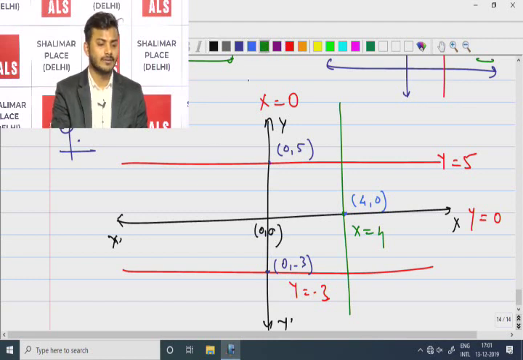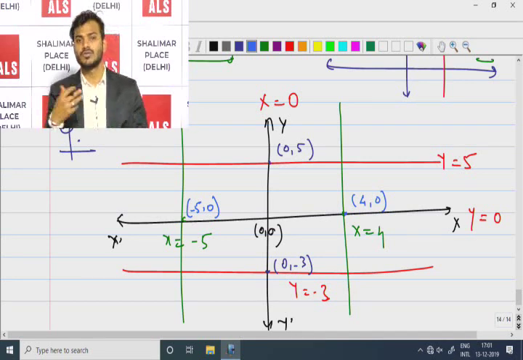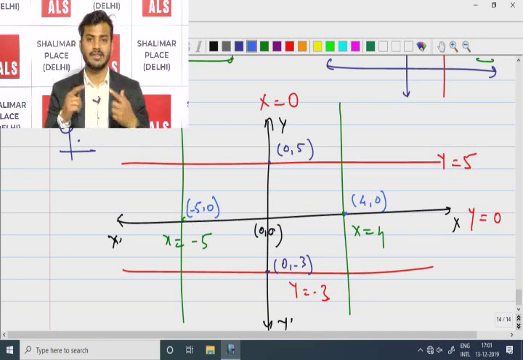Lastly, we have x equals, suppose, minus 5. This point is going to be (minus 5, 0). Clear? So these two are parallel to the y-axis. Parallel to the x-axis means y equals some constant. Parallel to the y-axis means x equals some constant. Do not get confused with x and y.